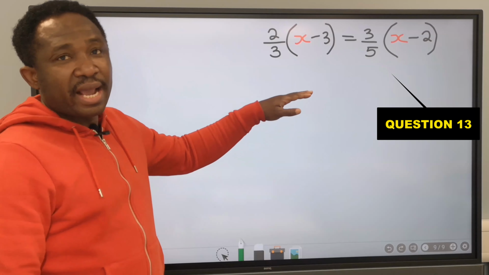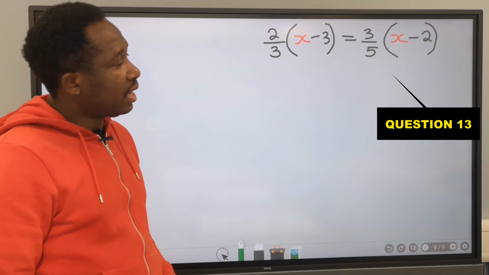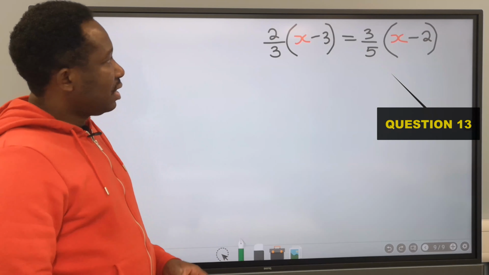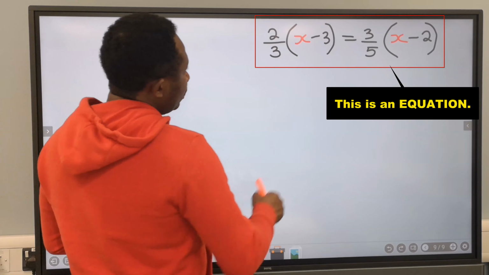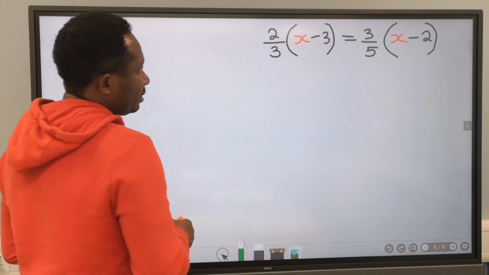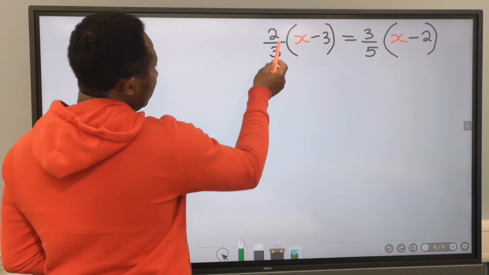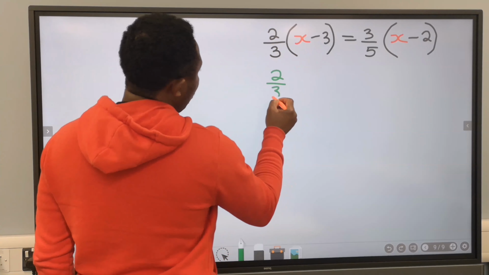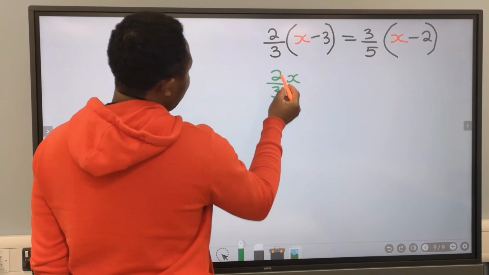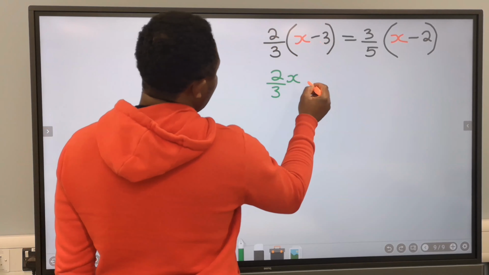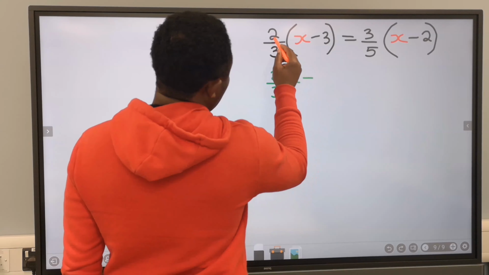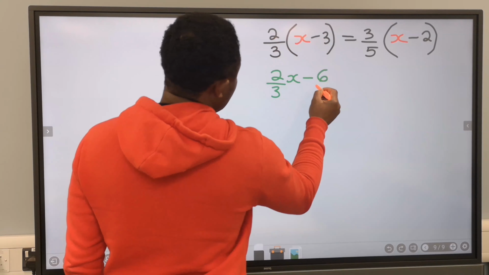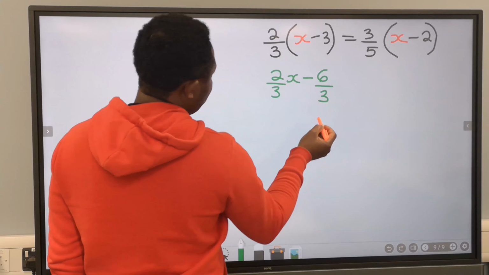We're going to make x the subject in this equation. The first thing we're going to do is to expand this bracket. That is, this will multiply this. I'm going to have 2 over 3x. This multiply this. I'm going to have minus this times this will give you 6 divided by 3.